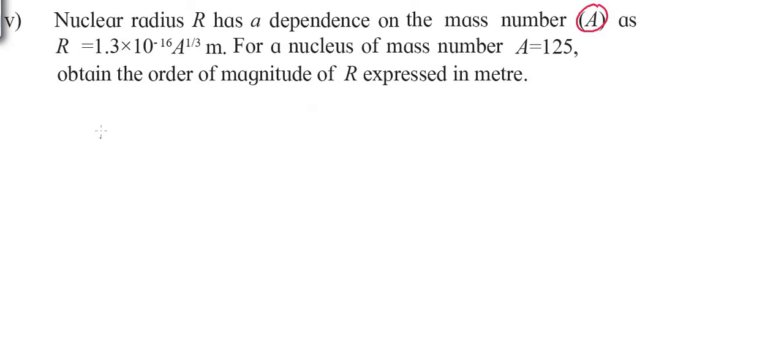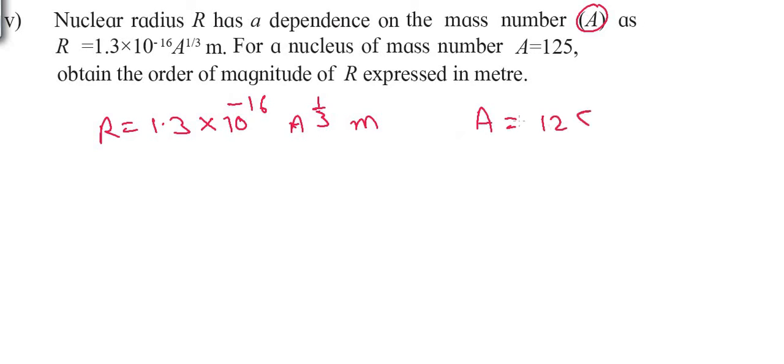R is equal to 1.3 into 10 raised to minus 16 A raised to 1 upon 3 meter. Now it is given that A equal to 125. Let us substitute the value of A equal to 125. So 1.3 into 10 raised to minus 16 into 125 raised to 1 upon 3.